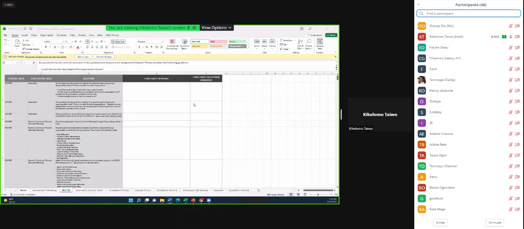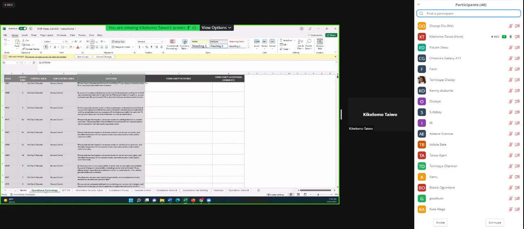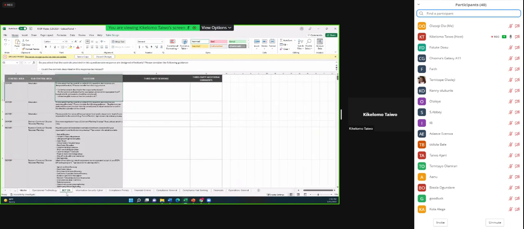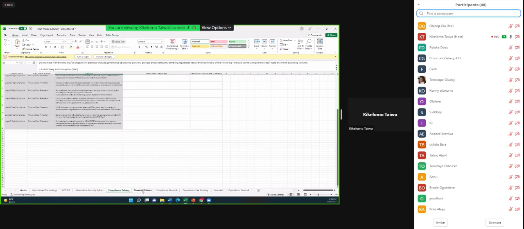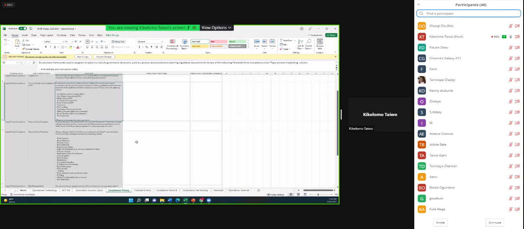Why? It's because it has different domains, for example operational technology, BCP, InfoSec, compliance, all those domains we see in that hierarchy. Just note that the vendor will be the one to complete all of these on each domain.